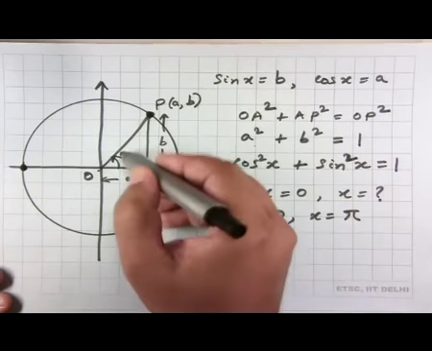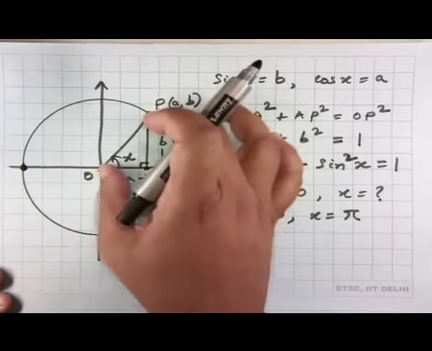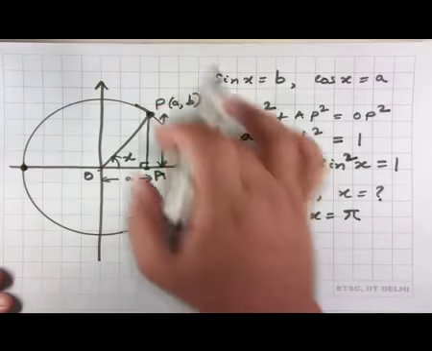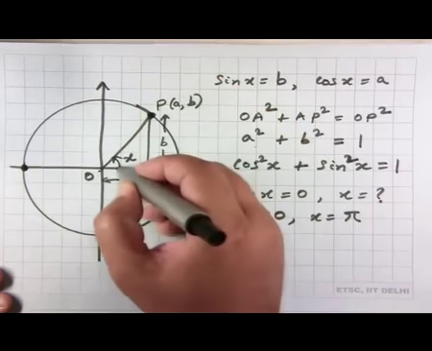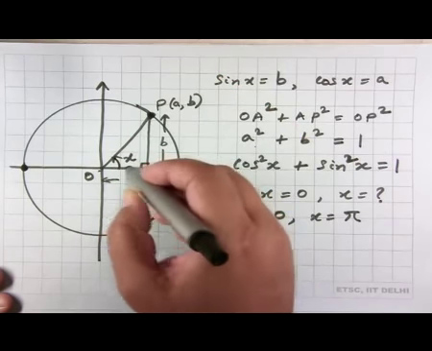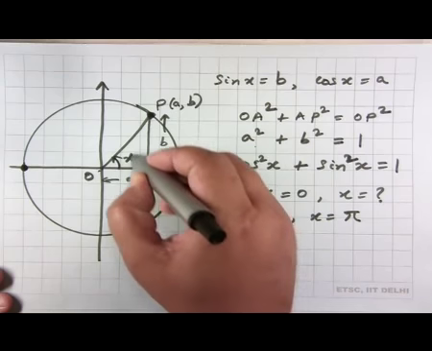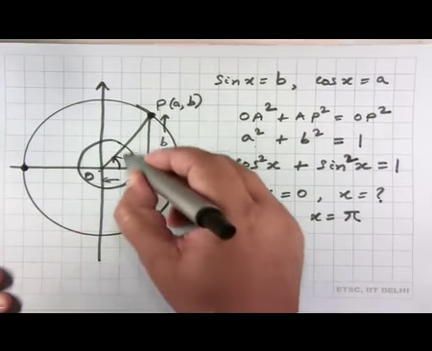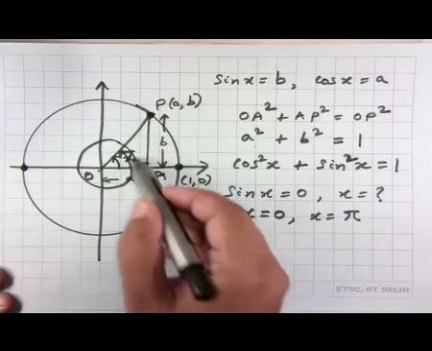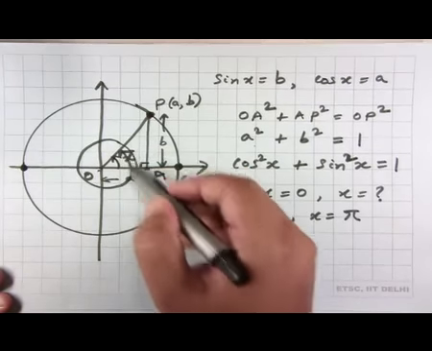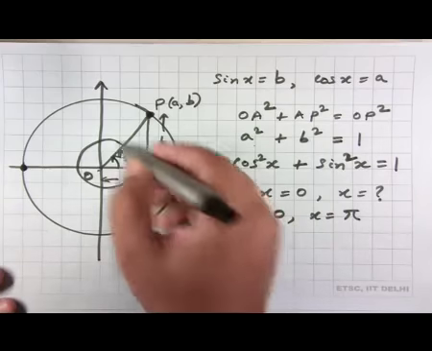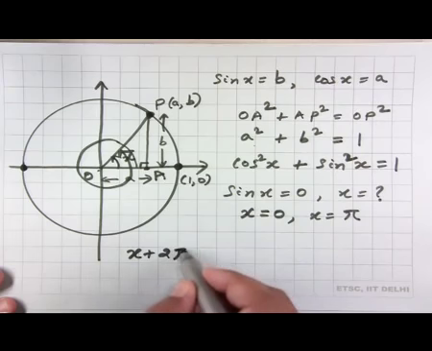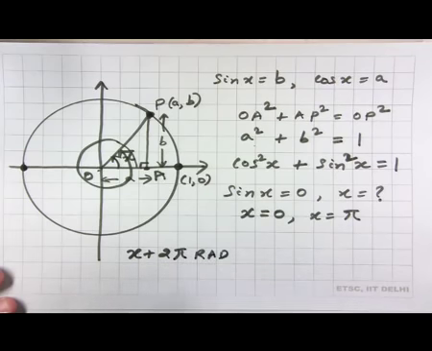Now, if we rotate starting from OP in this direction and make one complete rotation, and then another x, the angle that we are looking at now is not x, but x plus 2 pi radians, right.